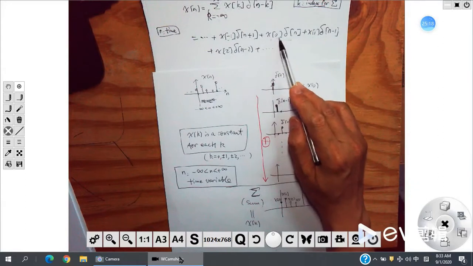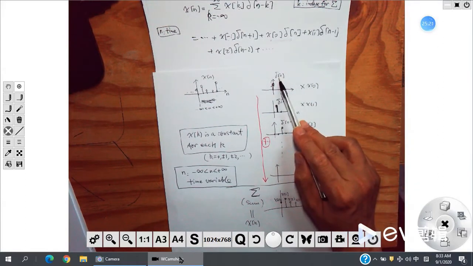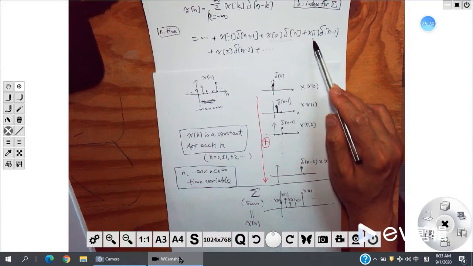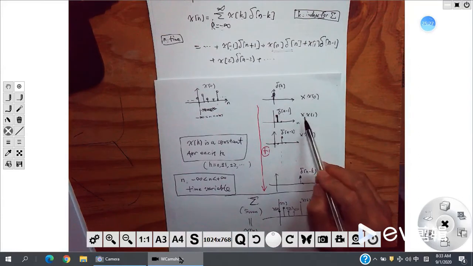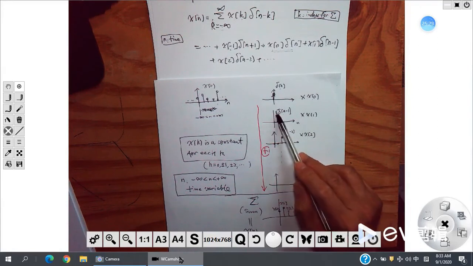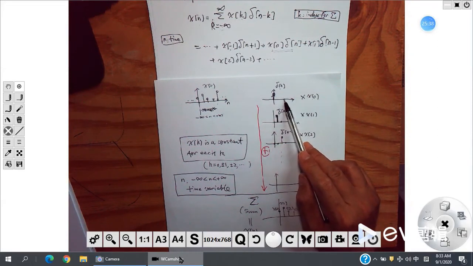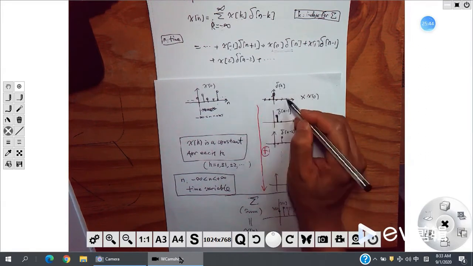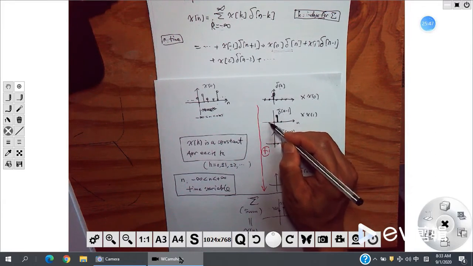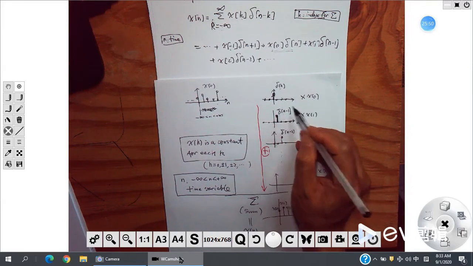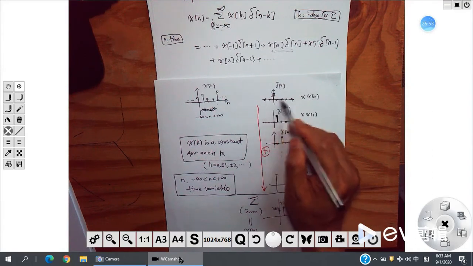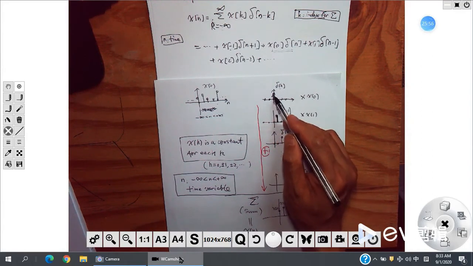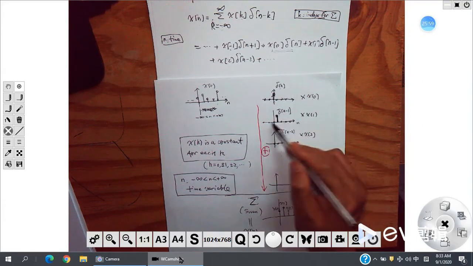And the next term is x1 times delta of n minus 1. Delta of n minus 1 is a shift of delta of n, so this is a shifted signal. Actually, each graph here is a signal. For all the time, you have values. For delta of n, the value is nonzero only if n is 0, and here it is nonzero only when n is 1.